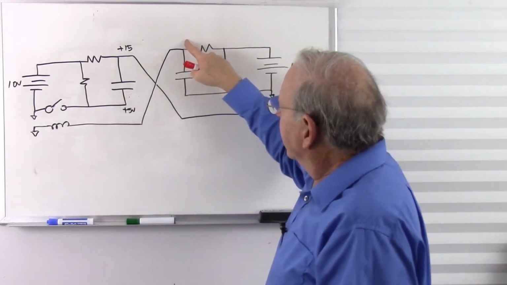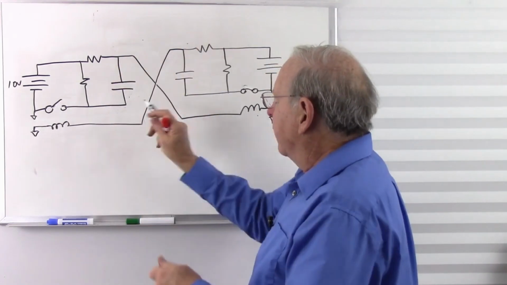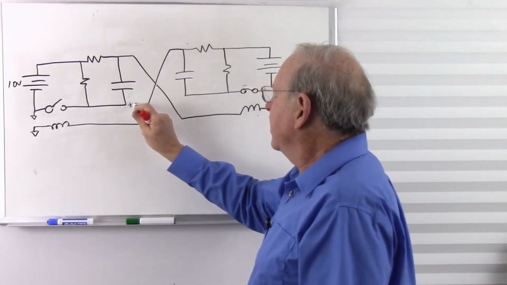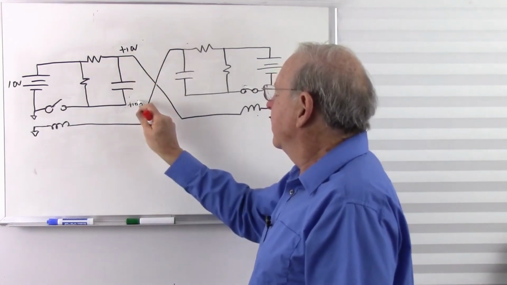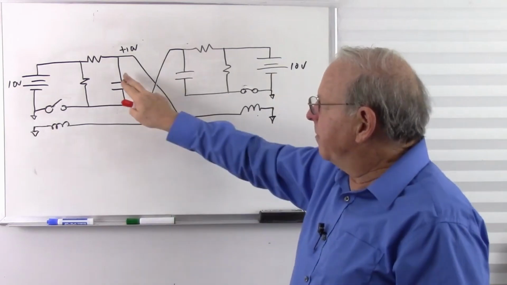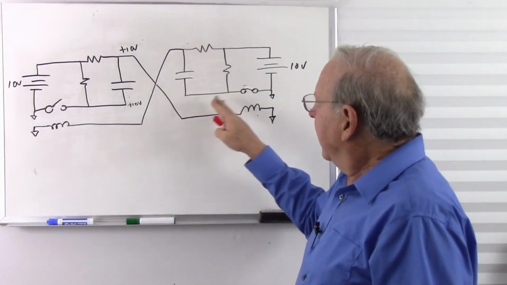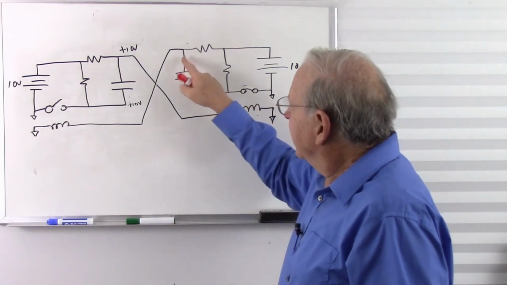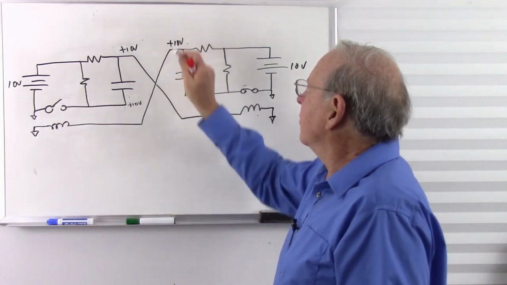So this is going to keep on charging as these 2 voltages change. So now this is plus 10, and that's plus 10. So now this capacitor is discharged, but this one is charging. And so as time goes by, this eventually reaches plus 10 volts.